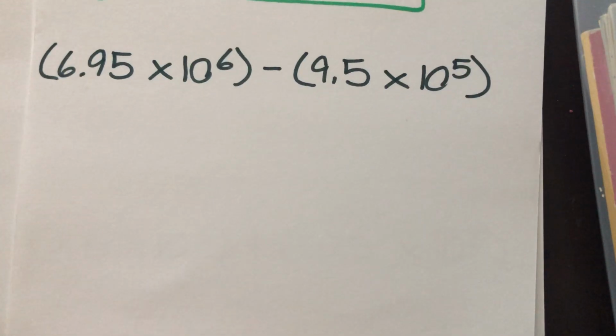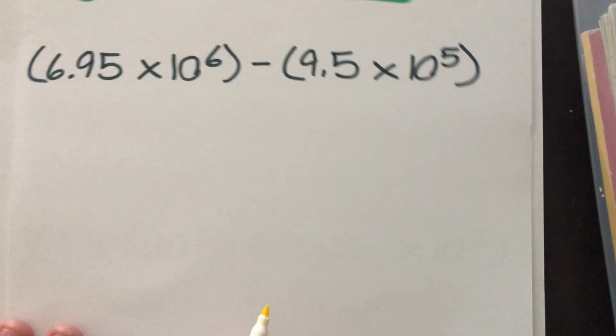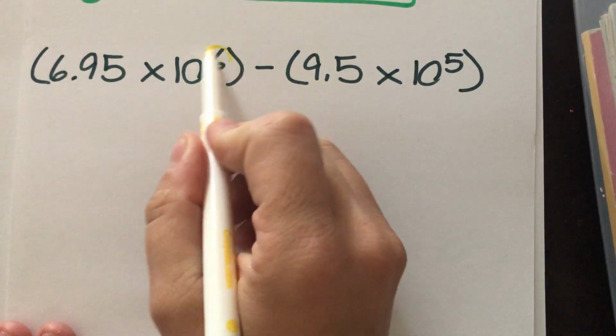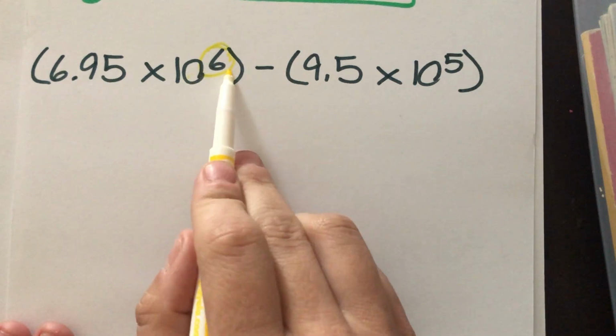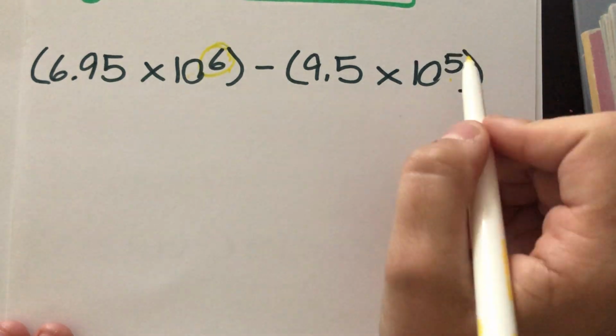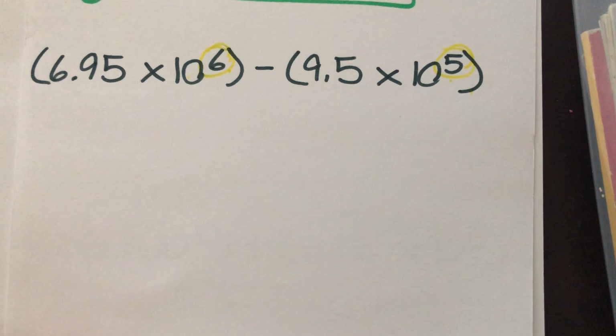Now, let's look at a problem where we look at our powers of 10, and we notice that our exponents are not the same. This is to the power of 6, and this is to the power of 5. So when we are looking at that, if you're looking at your notes, we need to do step 2, which says we need to adjust our power of 10 so that they have the same exponent.